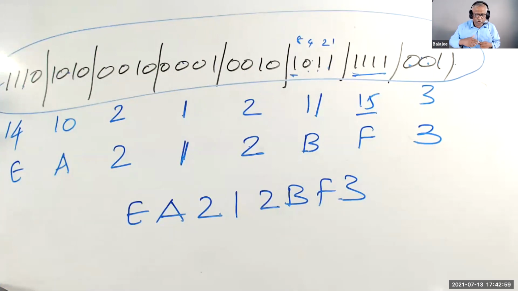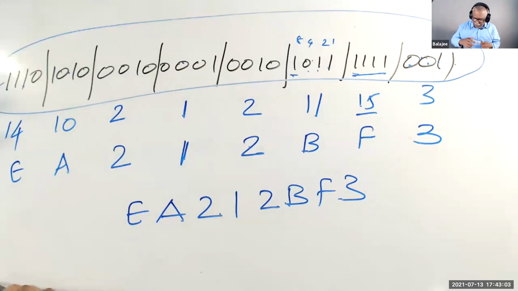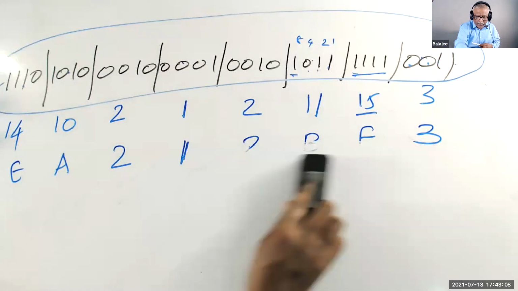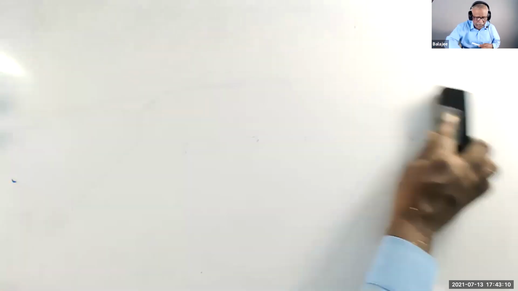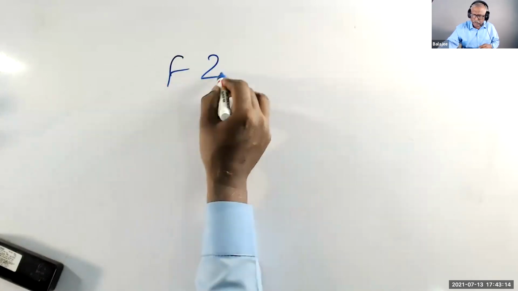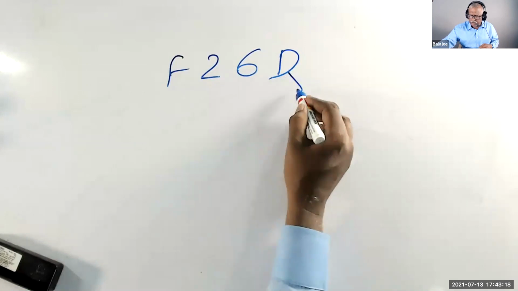So if I give a binary, you should be able to convert it like this. Same way, but this is easy to remember, not a very big number. Now let us write like this. I write a number like this: F26D. Simple, right? D means 13.